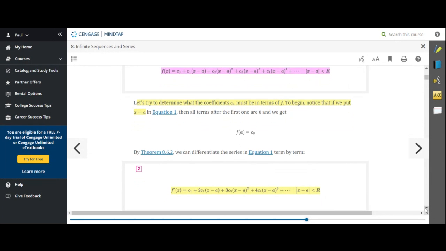Well, we want to determine what C1 is. So what are we going to substitute in our first derivative, f prime of x, for x to determine that C1 coefficient? What do you think we're going to substitute in for x?